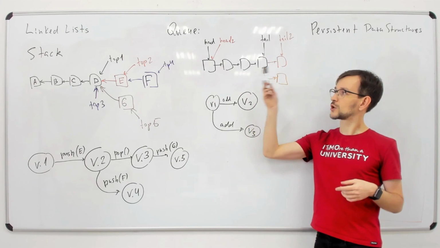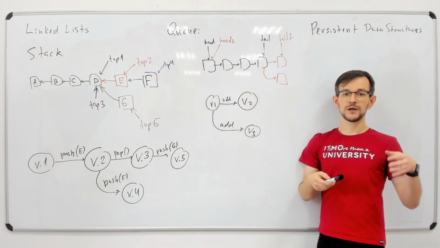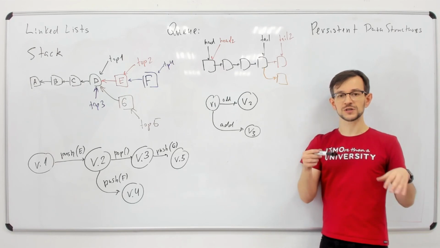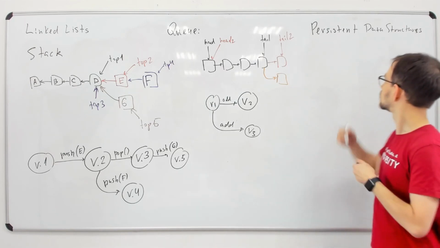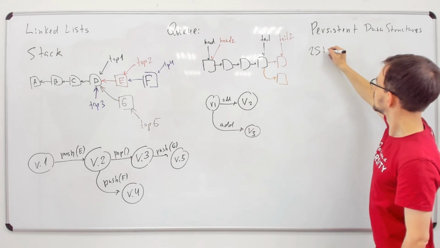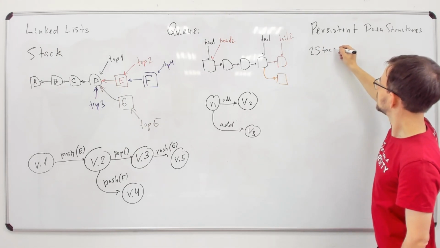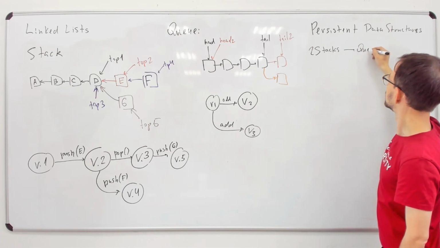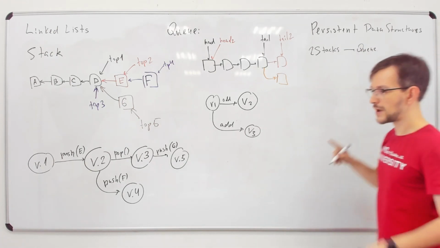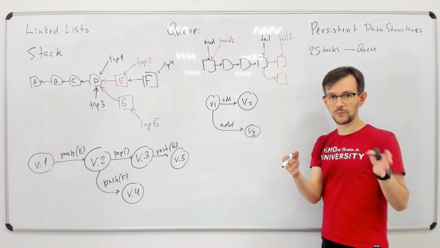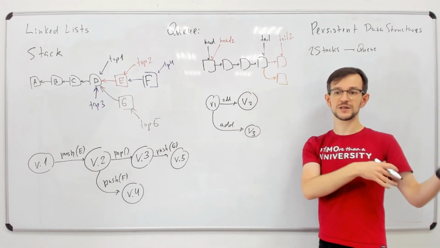Why is it slow? Because when you create a queue out of 2 stacks, you will have a queue with constant time for all operations, but it's constant amortized time.